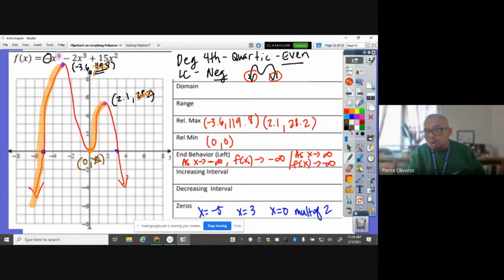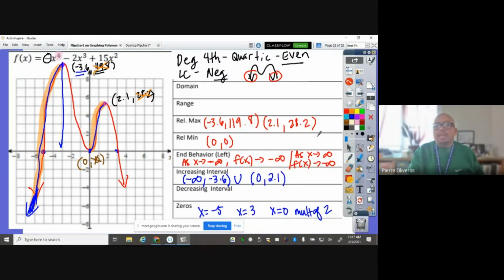So what is our increasing interval? The increasing interval starts here far left, so that means it starts from negative infinity, comma, it goes up and stops there. What is the x value right there? It's -3.6. Union, it's also going up here from 0, going up, and stops at 2.1. Those are my increasing intervals.